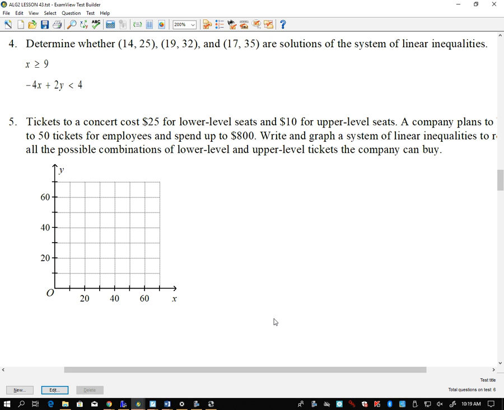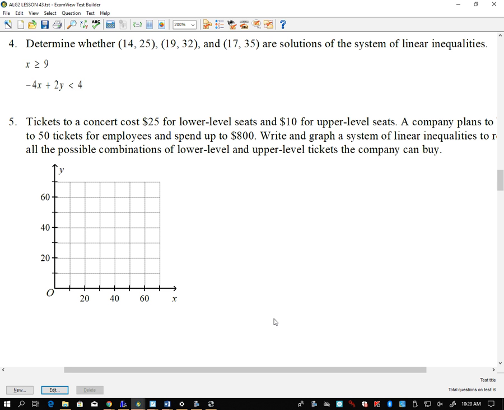Let's do negative 4 times 19 plus 2 times 32. Negative 12. Is negative 12 less than 4? Yes. Okay, let's try the other one. Negative 4 times 17 plus 2 times 35. Do the whole thing. 2.